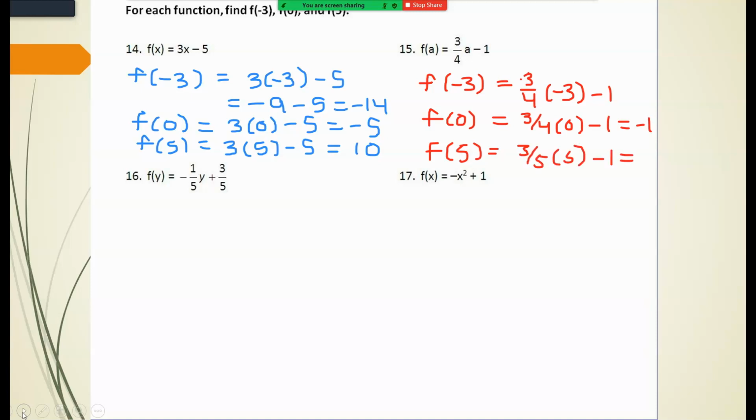So you get -9/4 minus 1, which is kind of like -9/4 minus 4 over 4. So you get -13/4. And here you'd get 15/4 minus 4 over 4, which is 11/4.